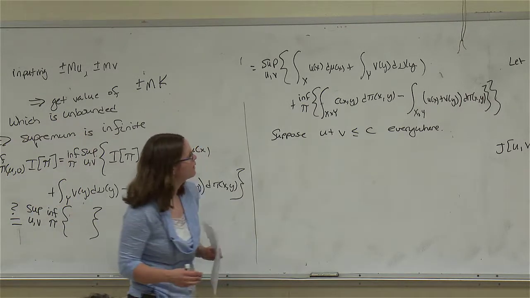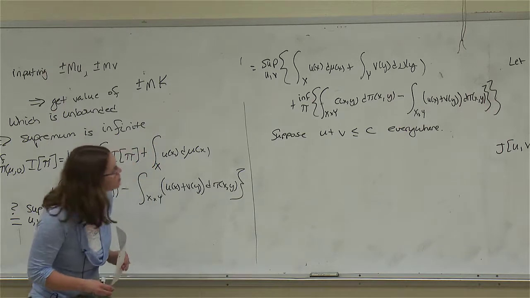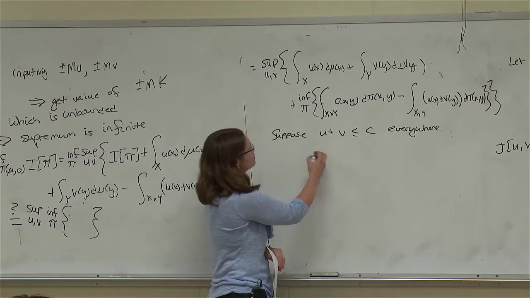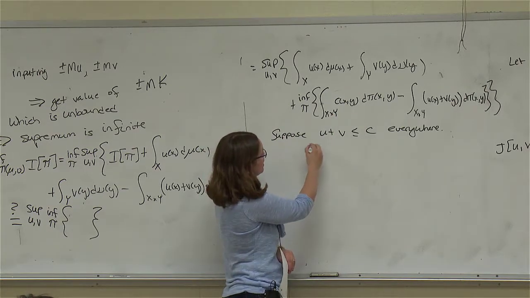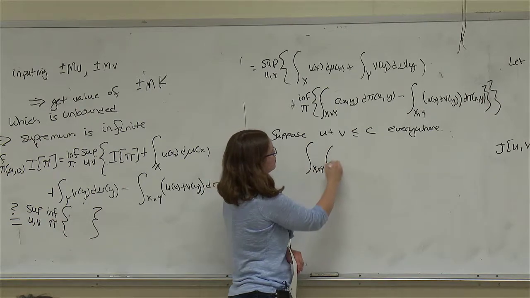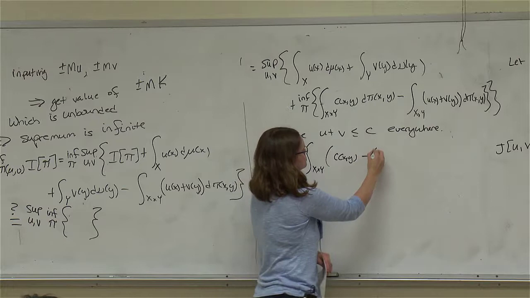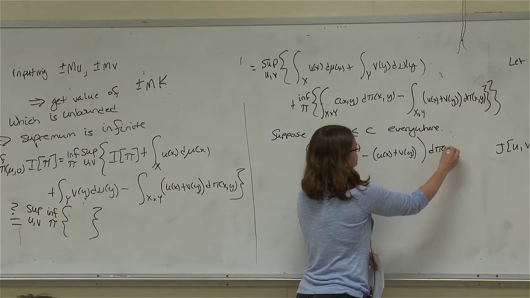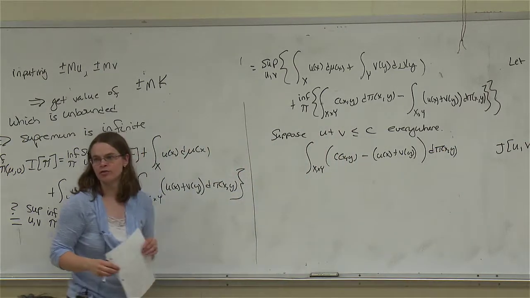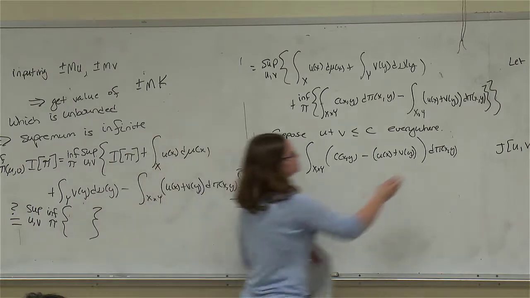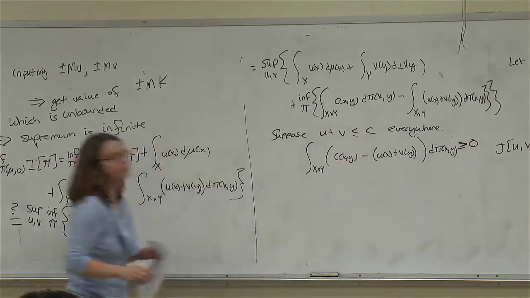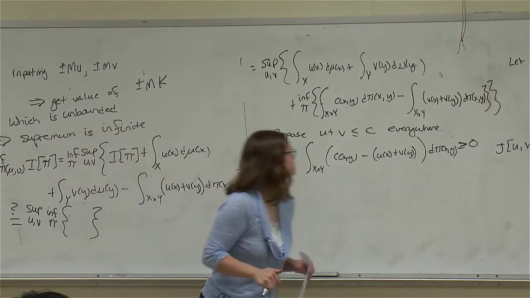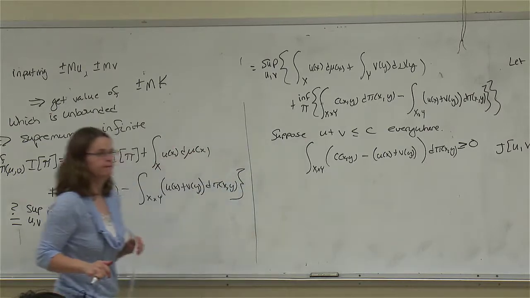Okay, so let's see what happens here. If u plus v is less than c, then what happens? So that means that this integral here, well, this is always positive or 0, right? And now we need that it's a positive measure, exactly. And we're going to say, well, what's the infimum of this thing?